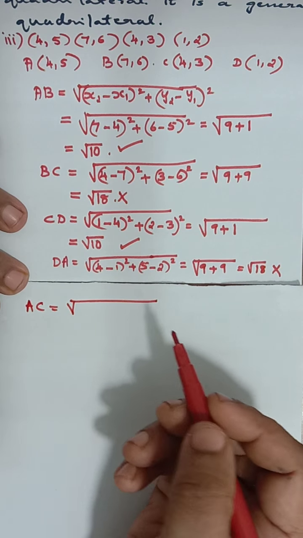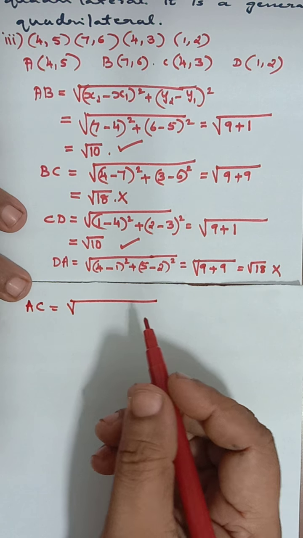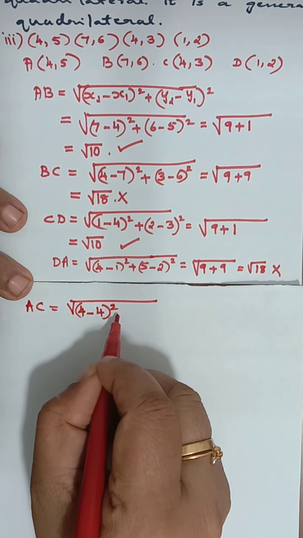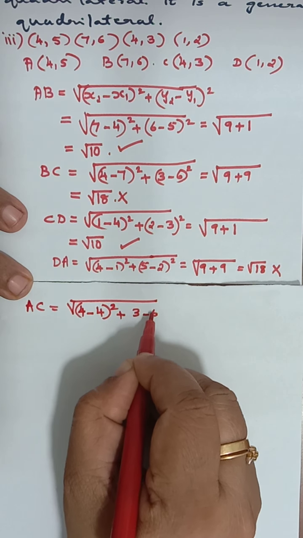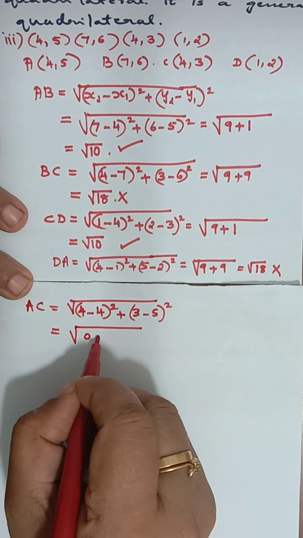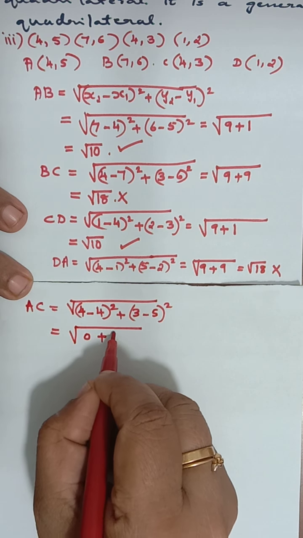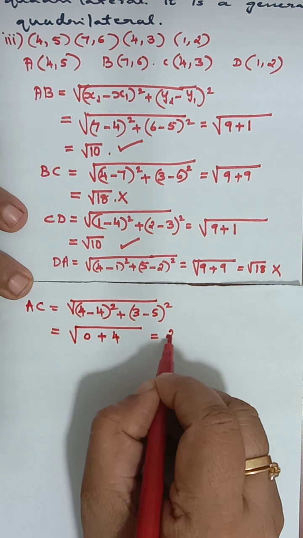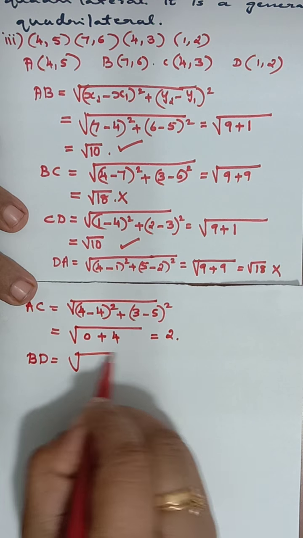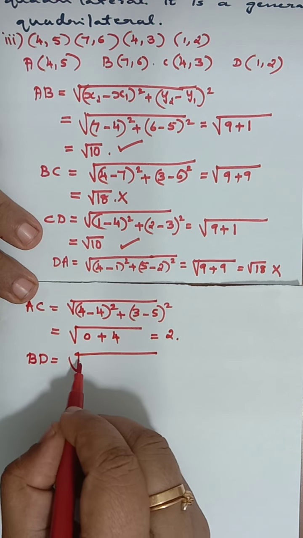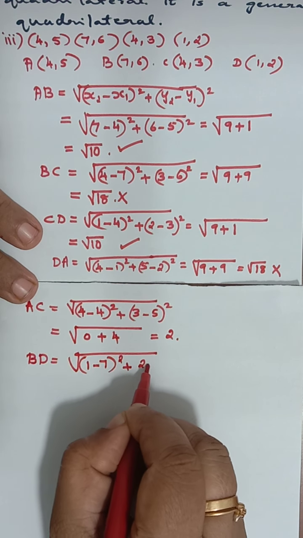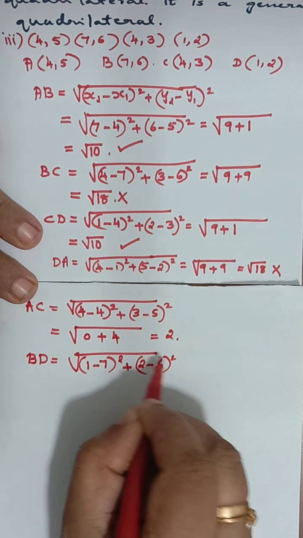Square root of, A is 4, 5, C is 4, 3. x2 minus x1 whole square plus y2 minus y1 whole square. This is equal to square root of 0 plus negative 2 square, which is 4. Root 4 is 2 here we have. Next is BD. BD is equal to square root of x2 minus x1 whole square plus y2 minus y1 whole square.